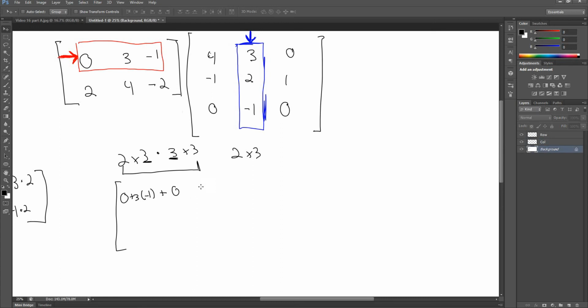We're going to have, in this case, 0 times 3 is 0. 3 times 2 is 6, so plus 6. -1 times -1 is 1, so plus 1. I'm going to move my column over again.